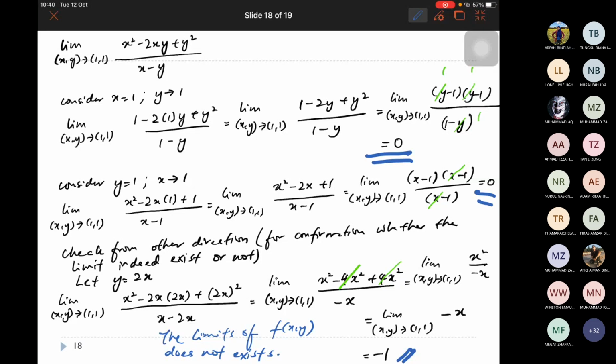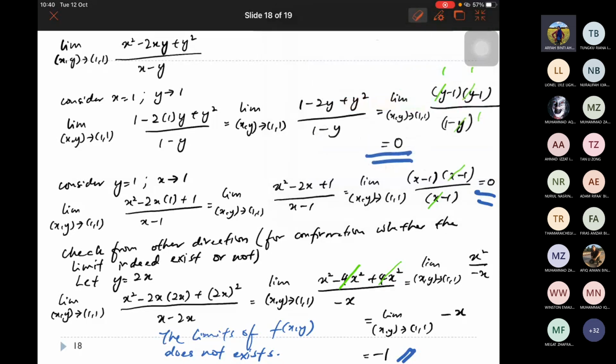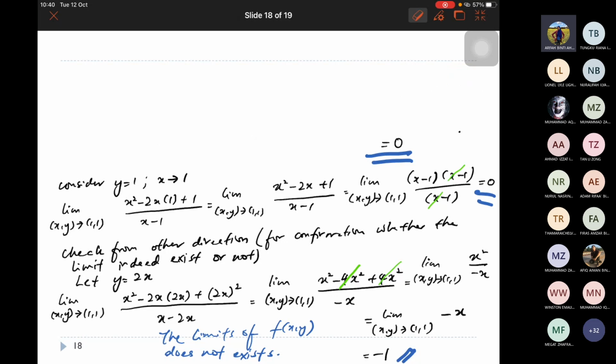So, daripada sini kita tengok soalan yang ketiga. Soalan yang ketiga dia kata at which point xy in the plane of the following function are continuous. So, soalan tu tanya dekat point mana equation ni adalah discontinuous.